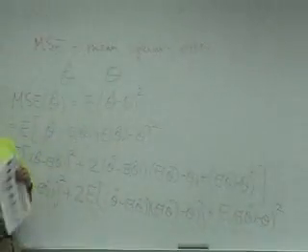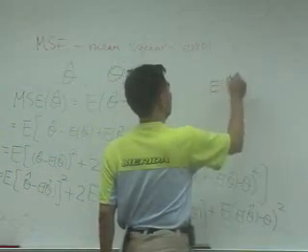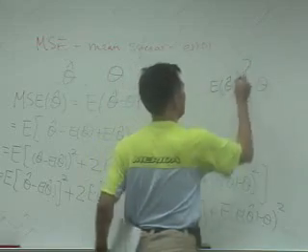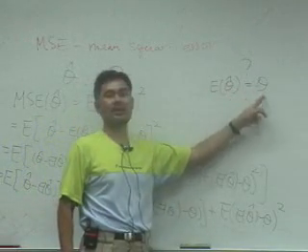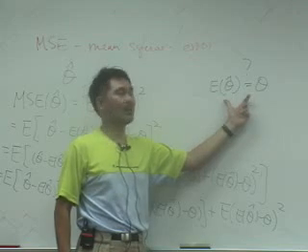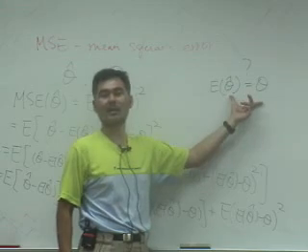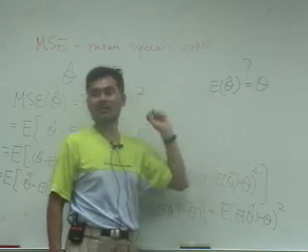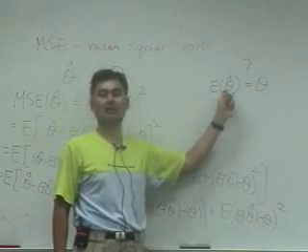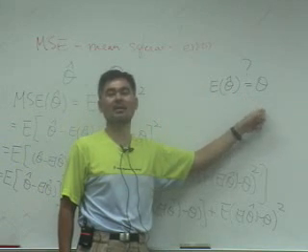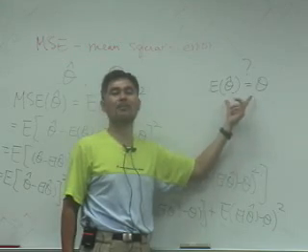Now you've got to be very careful. First, do you know expectation theta hat equals theta? No, you don't. Because if expectation theta hat equals theta, that is an unbiased estimator, right? But in this case, it is a very general estimator. Do we know if it is unbiased? We don't know whether it is unbiased or not.